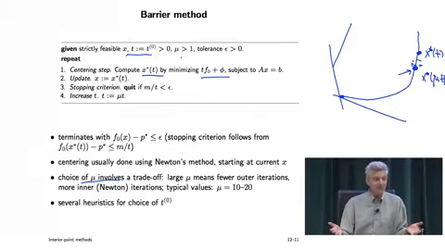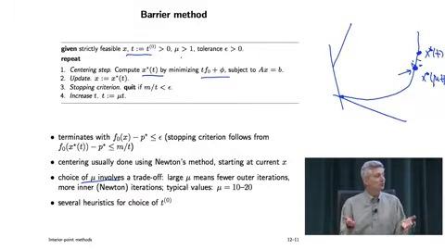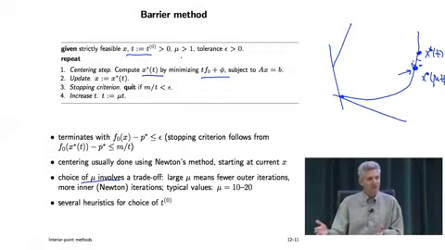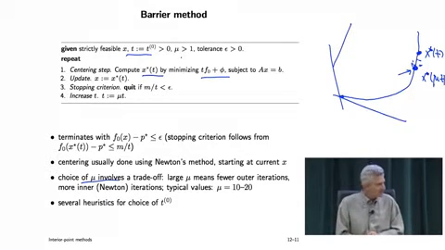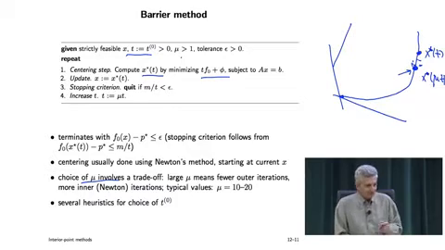Those are the short step path following methods. They choose mu so small that you're always in the range of quadratic convergence, so that literally you do 1 Newton step, increase mu. 1 Newton step, increase mu. So these are short step methods. Long step methods don't do that. And it turns out actually that as a practical matter, different values of mu are actually better.